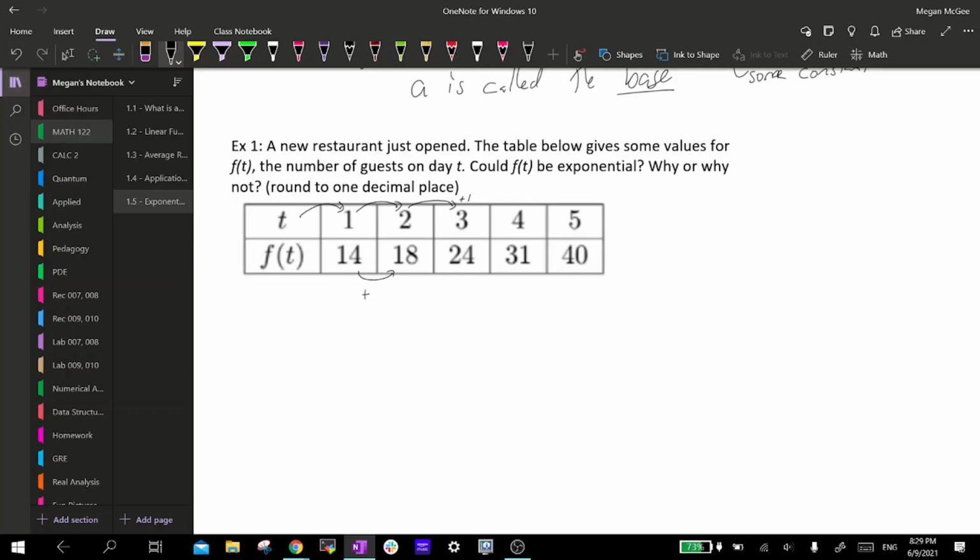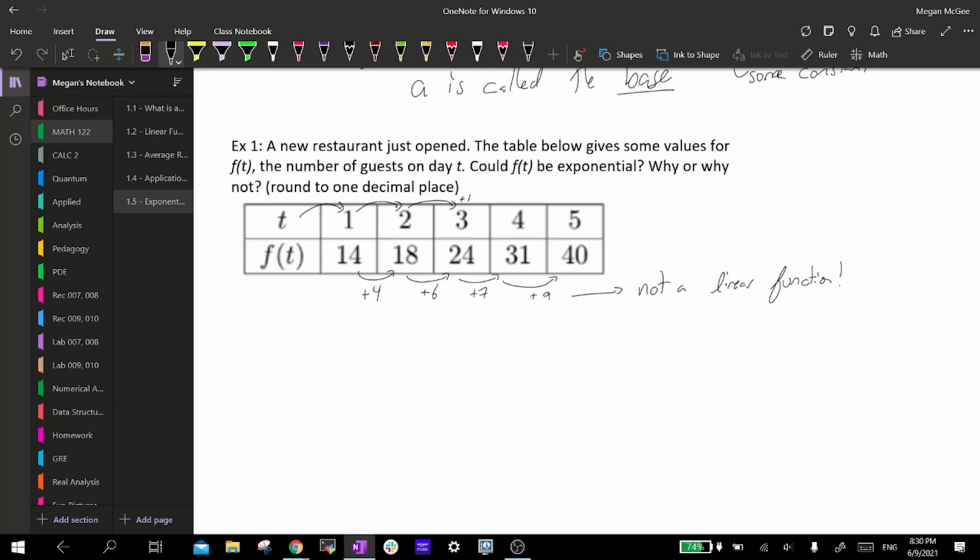Well, from 14 to 18, we add plus 4. 18 to 24, that's plus 6. 24 to 31, plus 7. And 31 to 40, plus 9. Okay, so this tells us this is not a linear function.